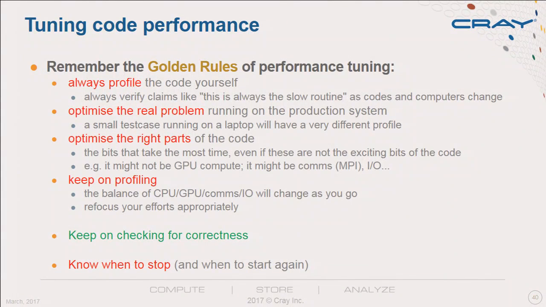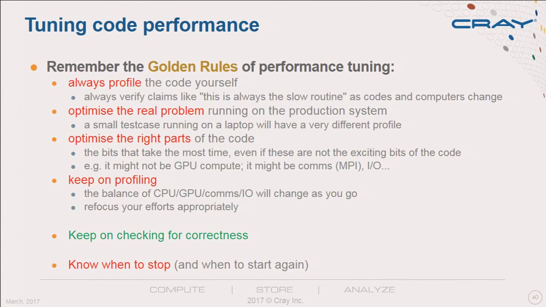And yeah, my golden rules for performance tuning: really profile your code, and optimize the real problem. Yesterday with the Himeno benchmark we did a simple problem, but also with a small problem size, with a small matrix size. And we realized when we changed to bigger matrix sizes, the behavior changed a bit.